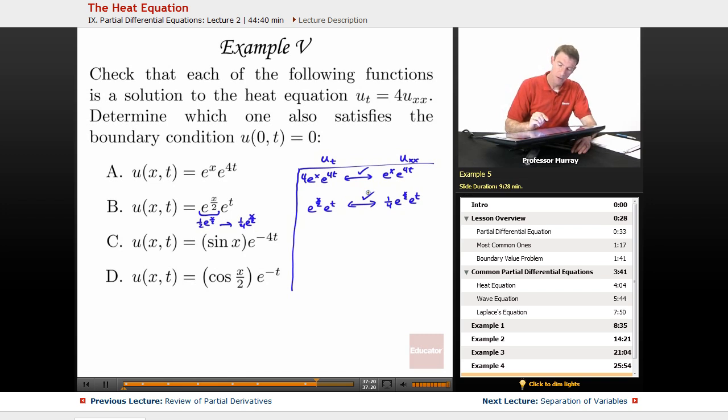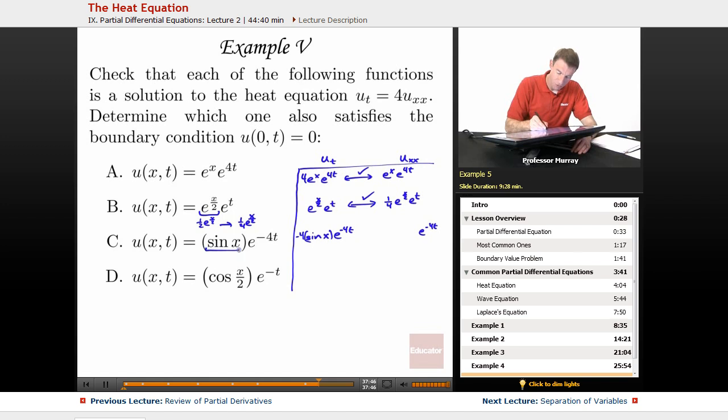For part C, if we do u sub t, the sine x comes down as a big constant, and the derivative of e to the negative 4t is minus 4 e to the negative 4t. Then if we take the second derivative with respect to x, the e to the negative 4t is just going to be a constant.